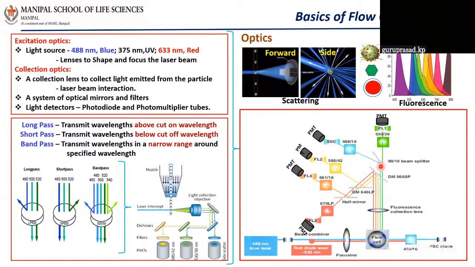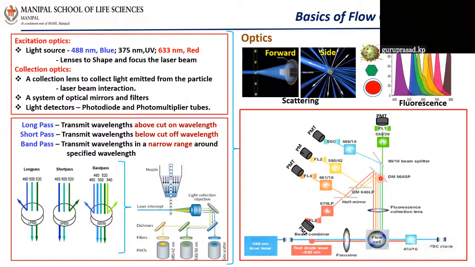And what is happening here? There is a dichroic mirror 560 short pass. That means light below 560 is allowed to cross this mirror filter, whereas light above 560 nanometer is reflected. Just now I said that dichroic mirrors do two functions: one is mirroring, another one is filtering.